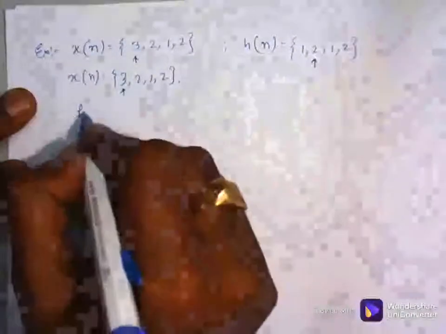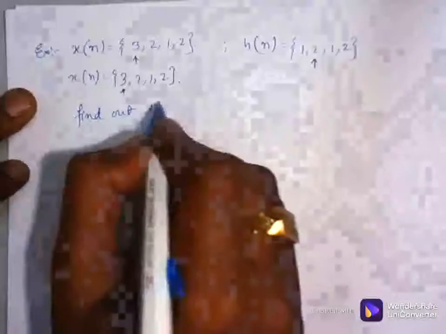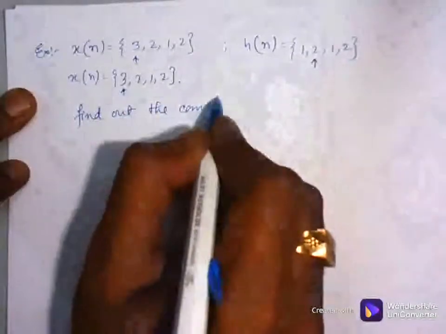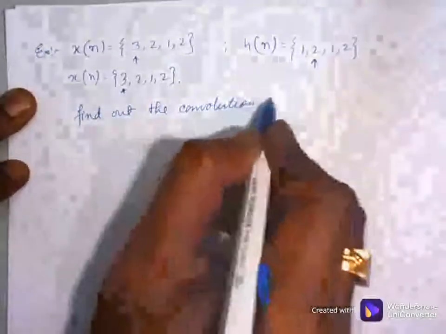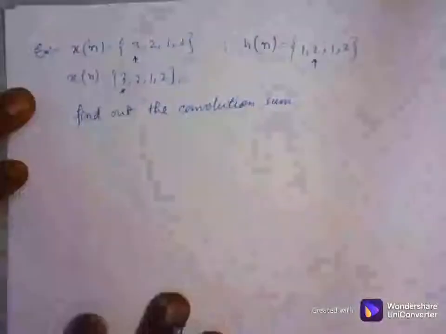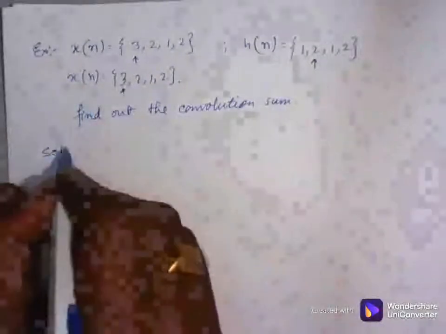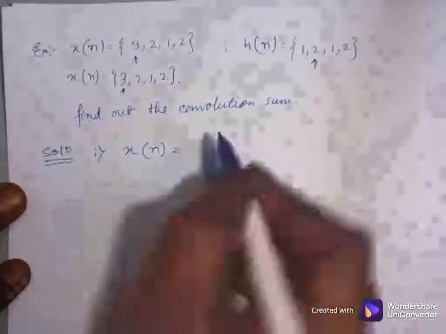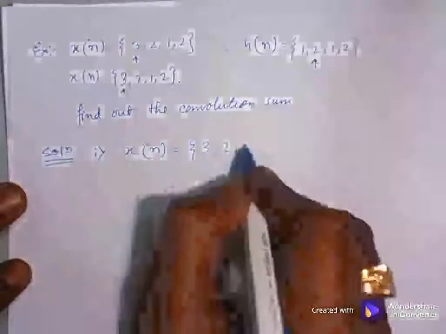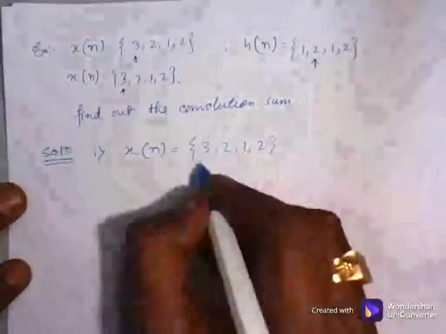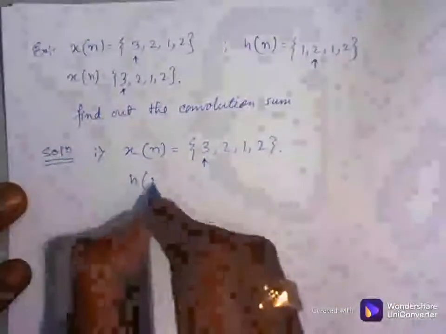Now I have to find out the convolution sum. To solve the question, step 1 is to write x of n: 3 2 1 2, and h of n: 1 2 1 2.